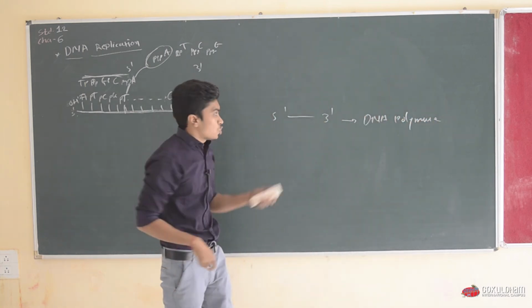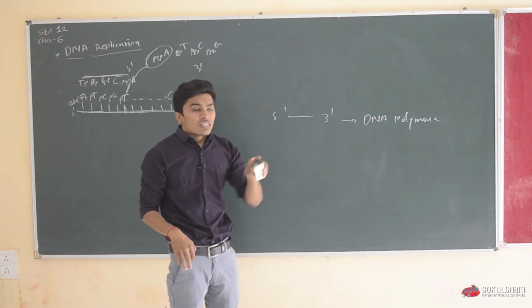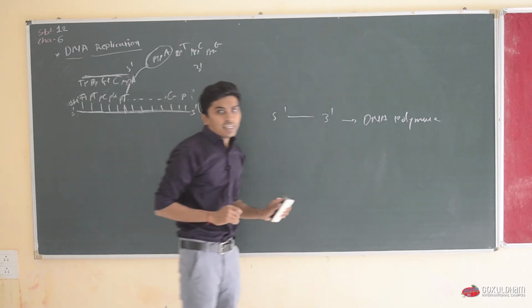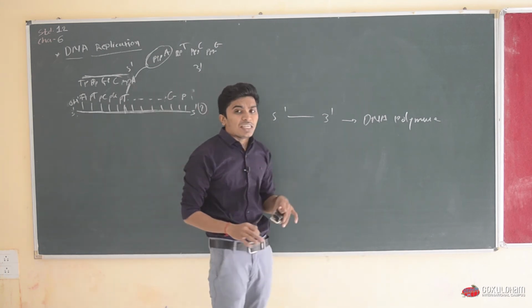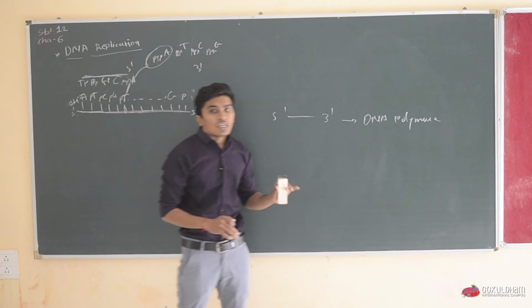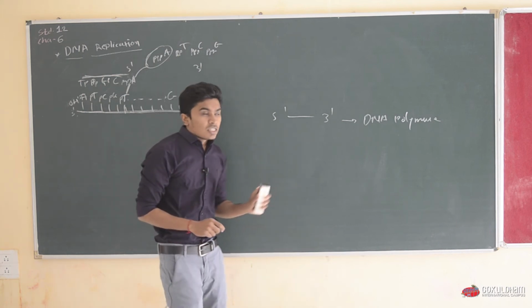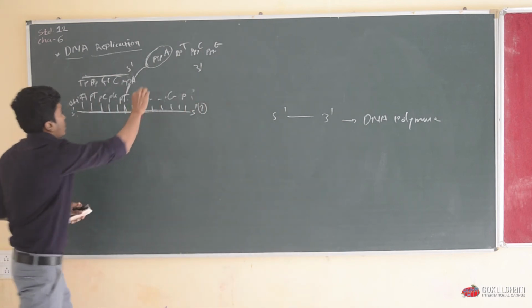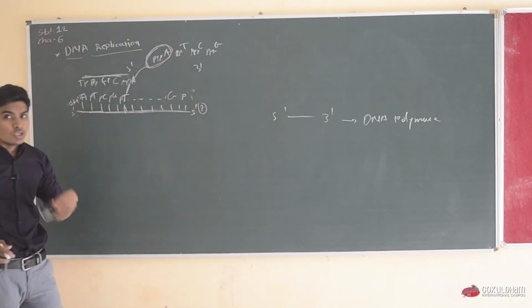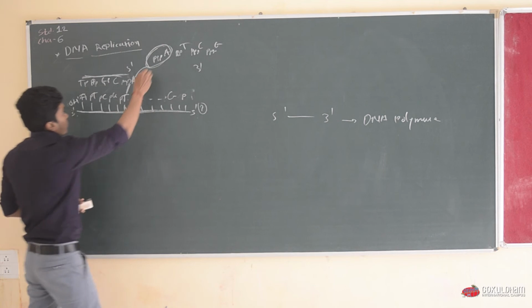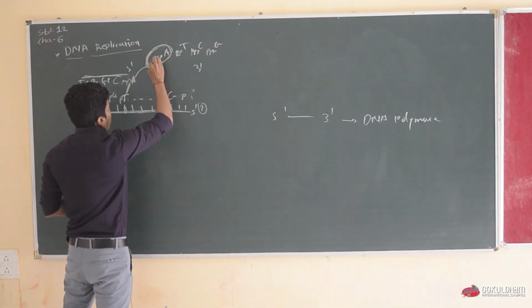DNA polymerase works in the 5' to 3' direction. Now the question arises, why does DNA polymerase only go in a 5' to 3' direction? This is the answer: because the new nucleotides come with the energy in the form of phosphate.